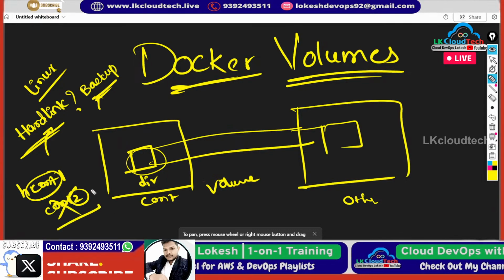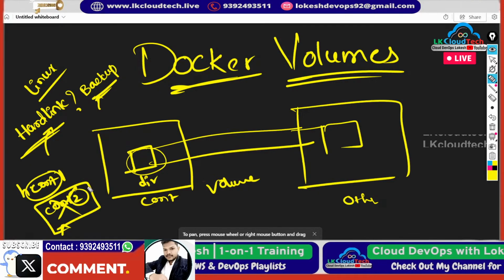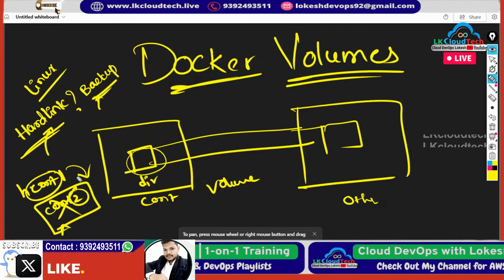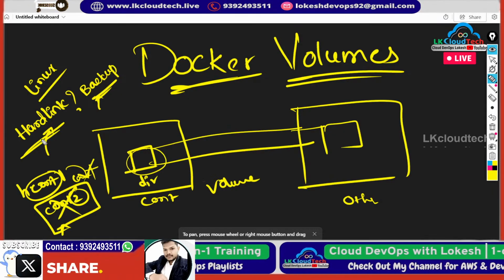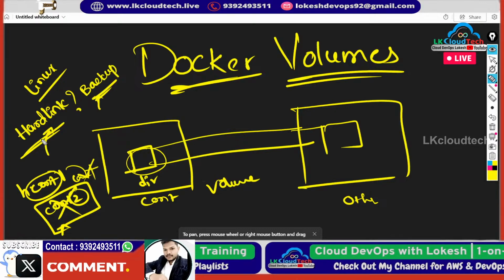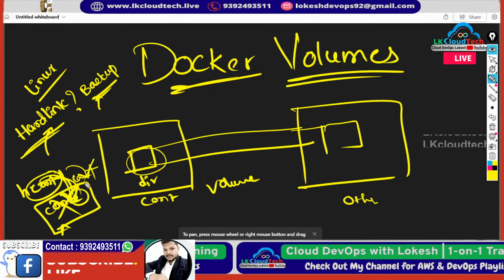No problem at all. Maybe at that moment your application gets affected, but you can retrieve the data. You can create another container and attach it to your volume, and everything will be retrieved from that volume.